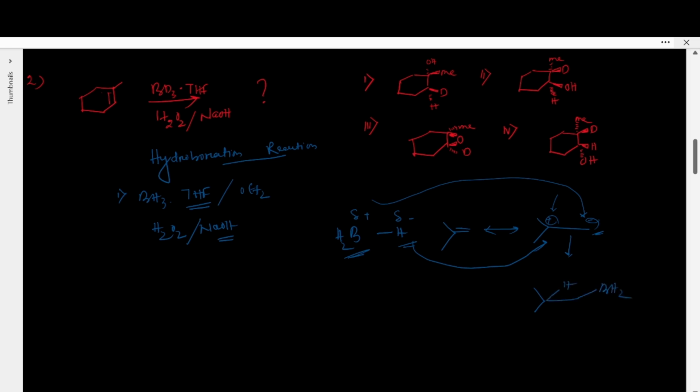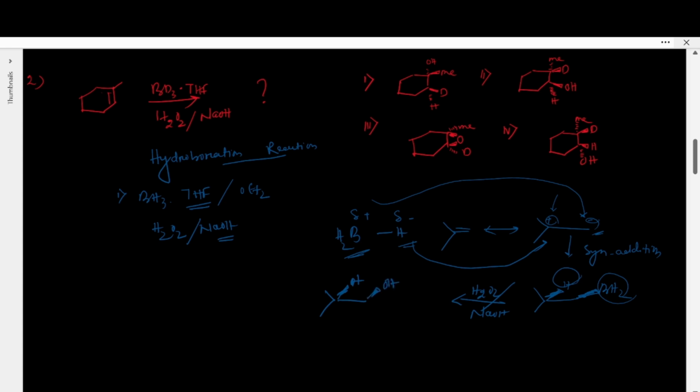The specificity of this reaction is that it is a syn addition. Both the hydrogen and BH2 will come from the same side. So if one comes from above the plane, the other also comes from above the plane. After that, when we add H2O2, that is hydrogen peroxide, and sodium hydroxide, the BH2 group will be converted into oxygen. Sorry, hydrogen here and OH here.